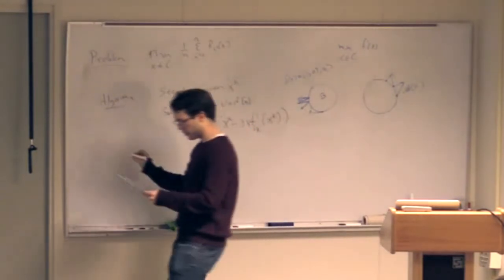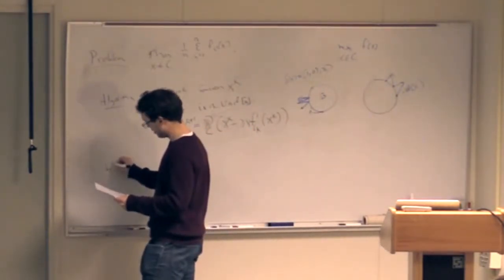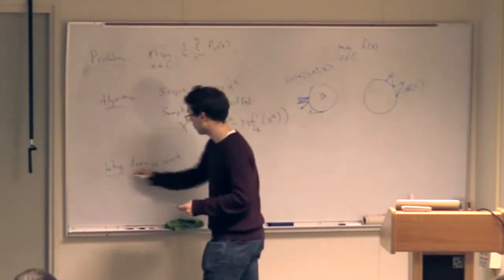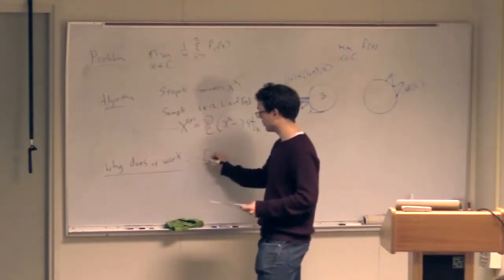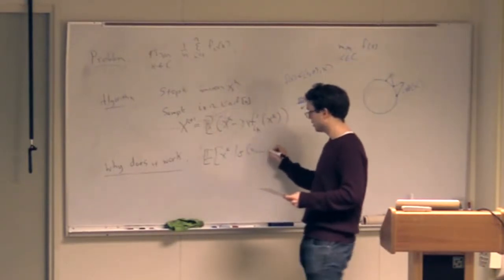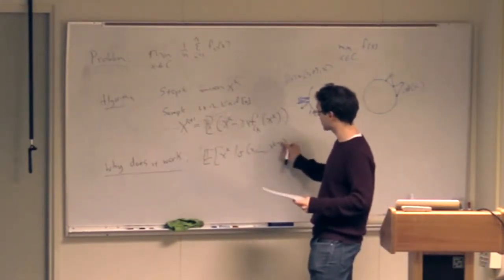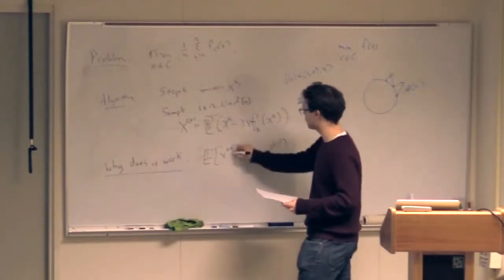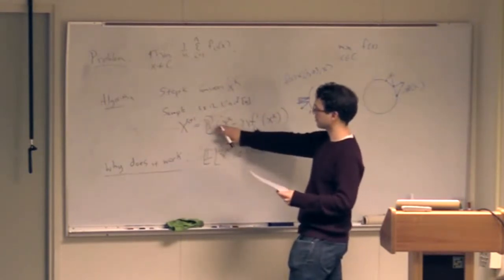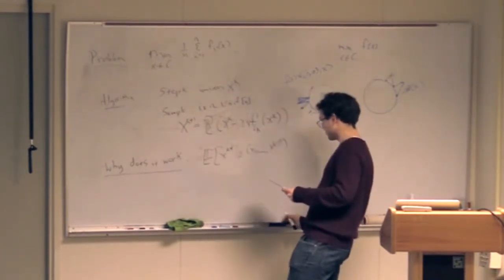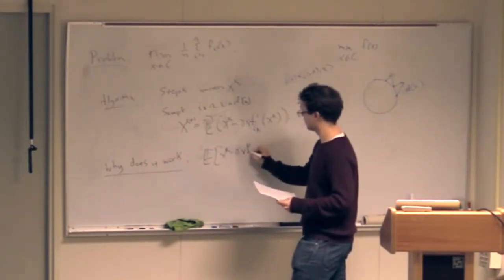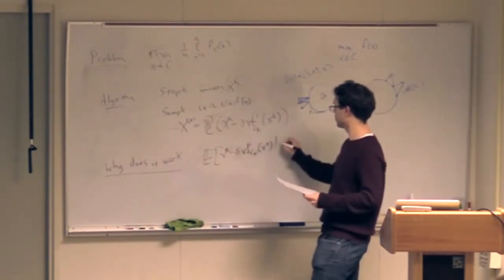The nice thing about this algorithm is that one of the reasons why it works, intuitively, is that if you look at the expectation of xk plus 1 given the history, xk... if I just look at this gradient term here, what is the expectation of this term?